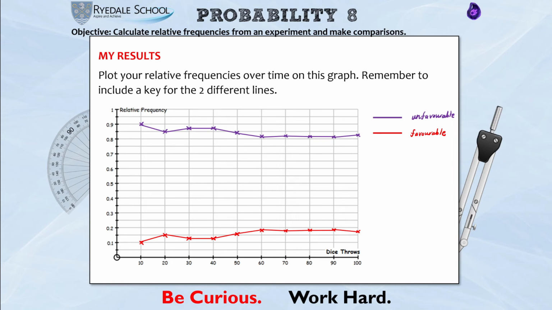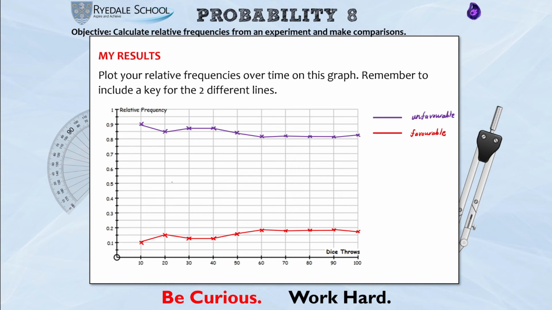First of all, your graph will not look identical to mine, but it should look actually quite similar. And where it should look quite similar is towards the end of your graph. It might be a little bit different at the start, but I would hope that yours has settled around the same value as mine, and we'll talk about why that is in a short while.